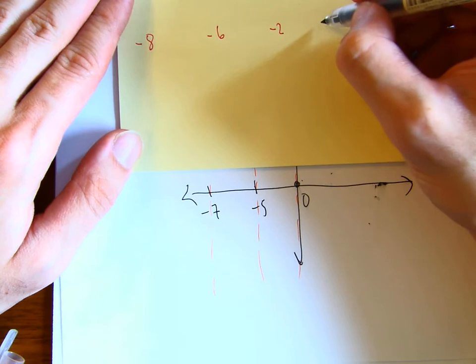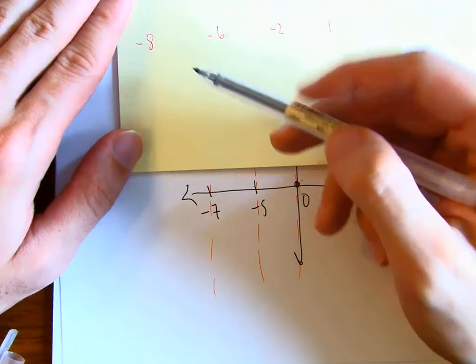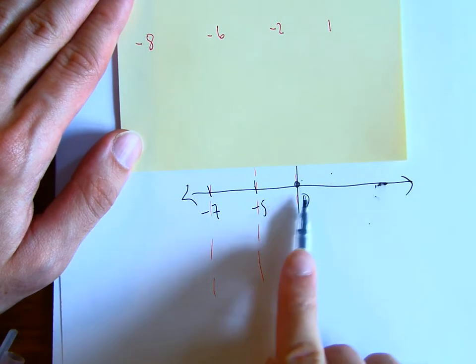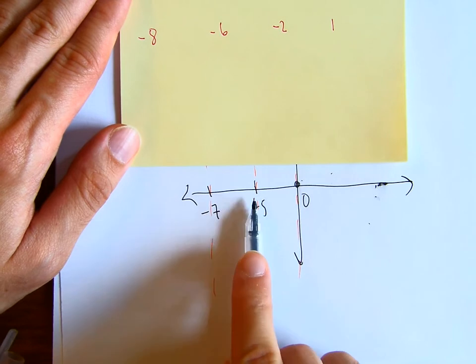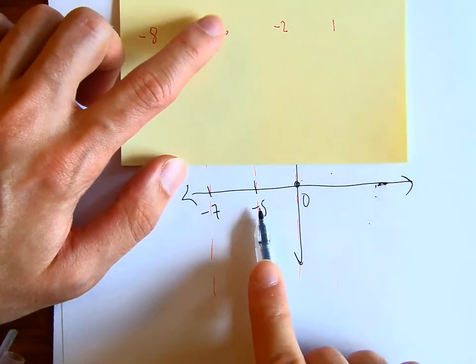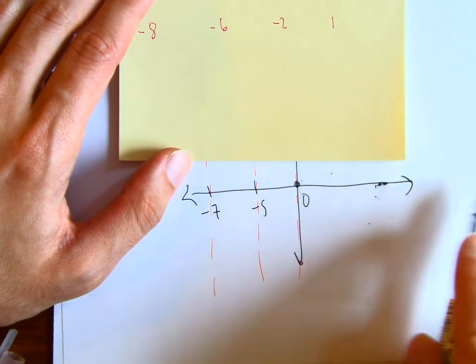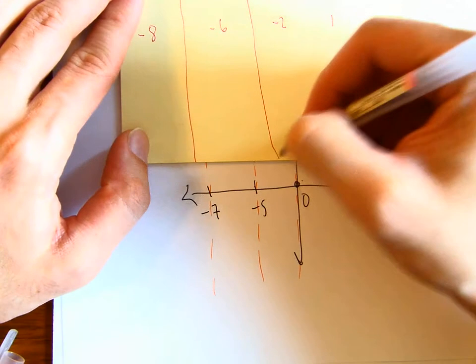And a good number here would be 1. So what you need to do is plug in a number to the left of negative 7, something between negative 7 and negative 5, something between negative 5 and 0, and something between 0 and positive infinity. And we have to see what value we're going to get.